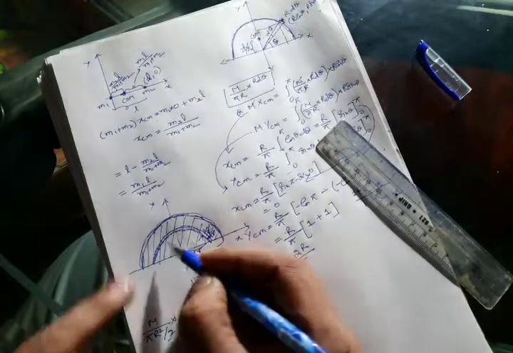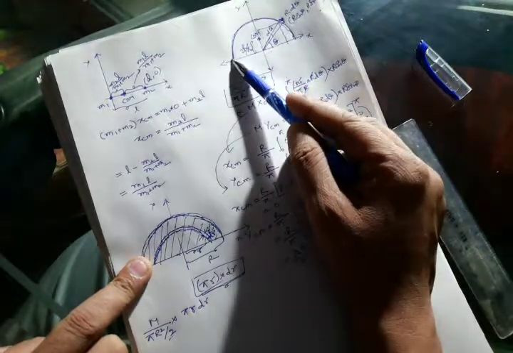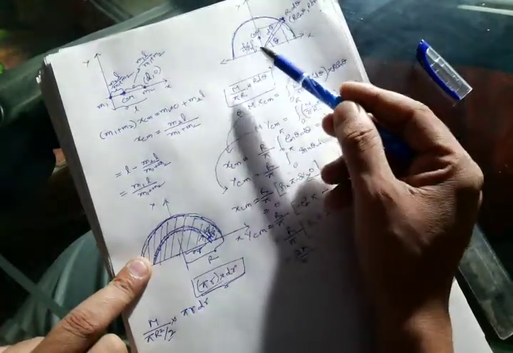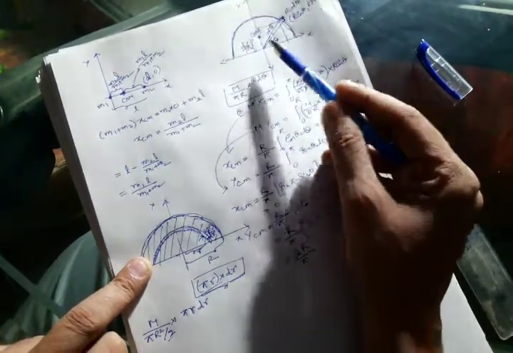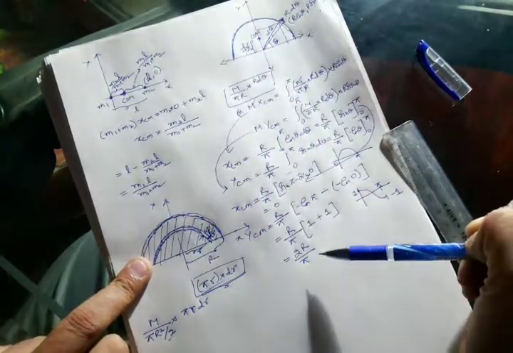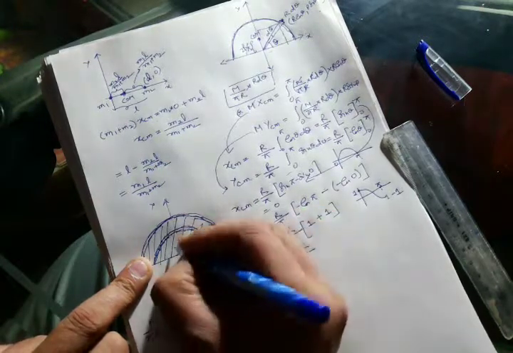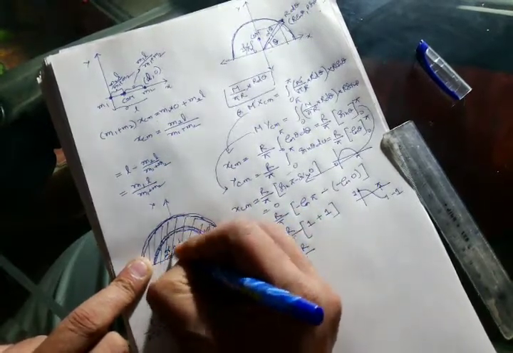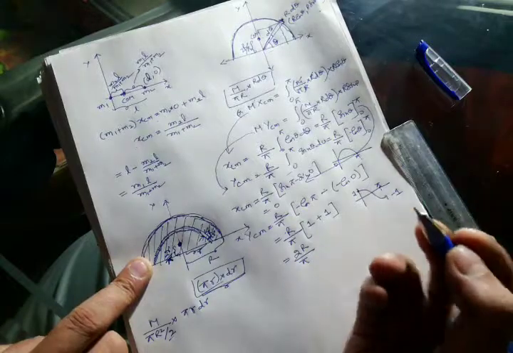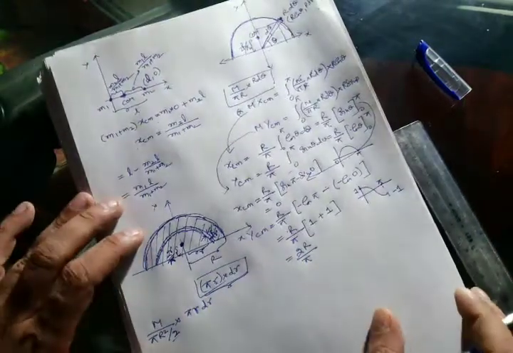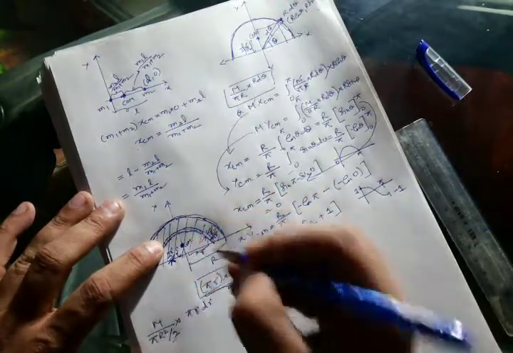Now as we have seen in my previous example, the center of mass for this ring is on the y-axis at a distance of 2r over pi. So I am considering it here, somewhere 2 into small r over pi is the center of mass of this small ring.